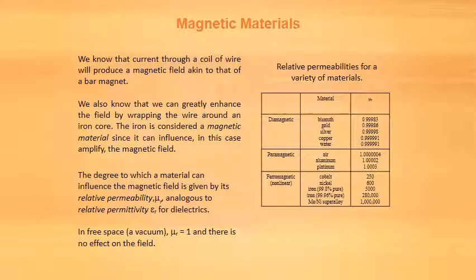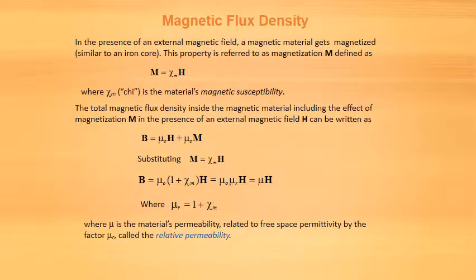Examples of diamagnetic are bismuth, gold, etc., and paramagnetic are air, aluminum, platinum. Similarly, for ferromagnetic, cobalt, nickel, where ferromagnetic is the most used magnetic material, which can be defined by the permeability of each type of material.